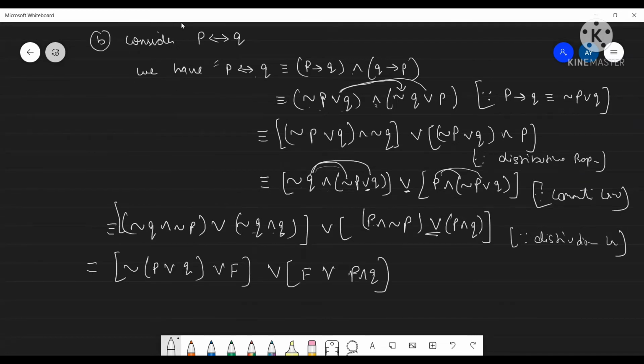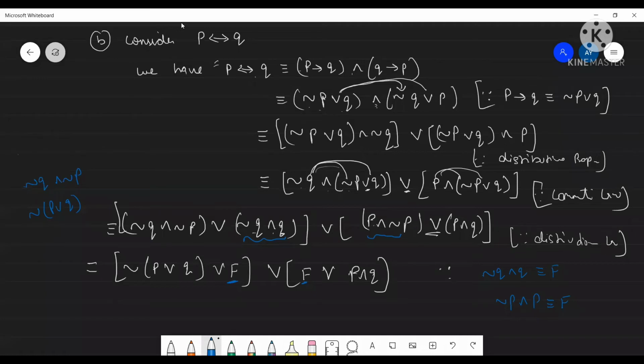Now everyone see here. We know that negation Q and Q gives you F, and negation P and P gives you F. So in place of negation P and P, we have F, and in place of P and negation P, we have F. There is another law: negation Q and negation P can be written as negation of P or Q, by De Morgan's law.